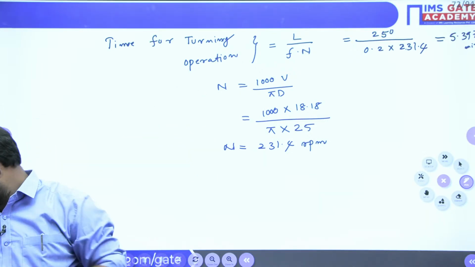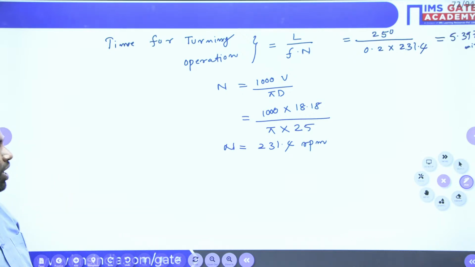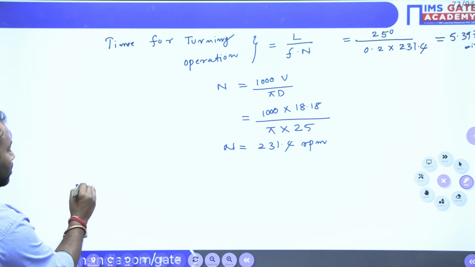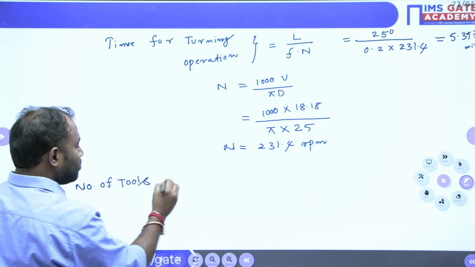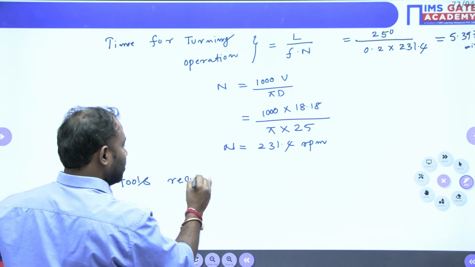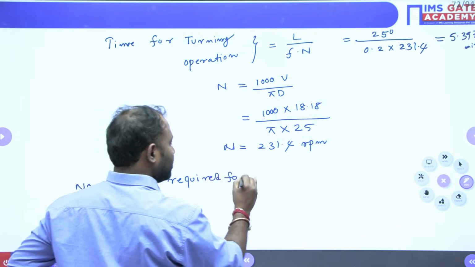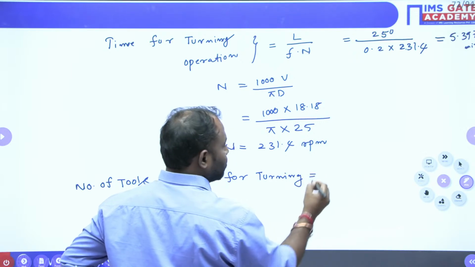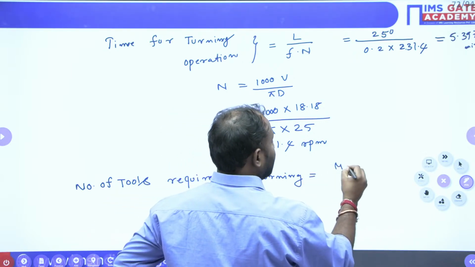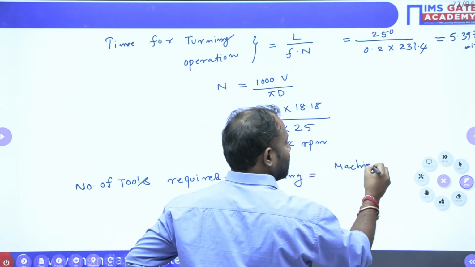Now let us go for the number of tools required for turning. That is equal to machining time divided by tool life.